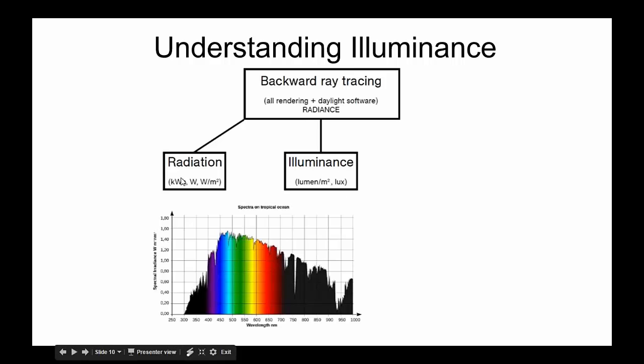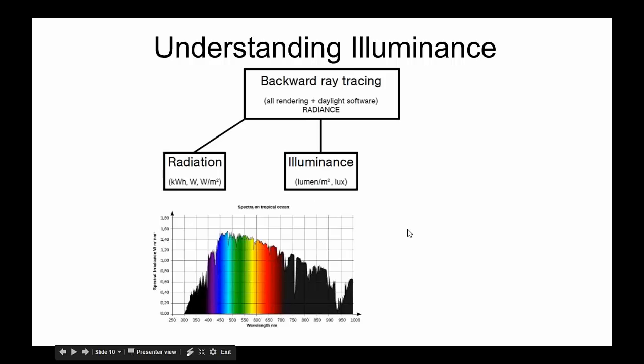And so illuminance is directly correlated to radiation, but it's evaluating just the intensity of energy within this window in which we can see, this window of visible light. And the units of illuminance are lumens per meter squared, or lux. If you're in the U.S., the same metric in IP is called foot candles.